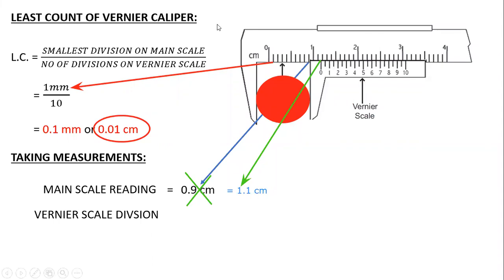Just check. There is some division on the vernier scale. So see this 1, 2, 3, 4, 5. These are the divisions on the vernier scale. That line should exactly coincide with the main scale. So I can just check over here.